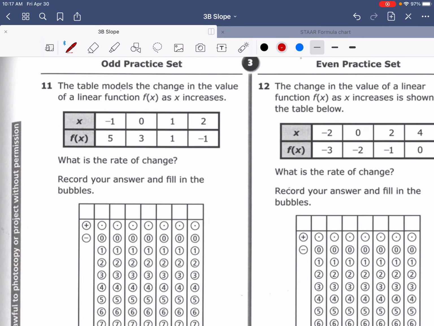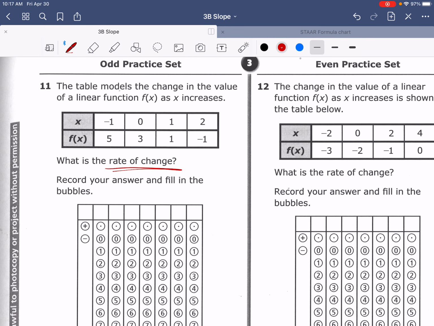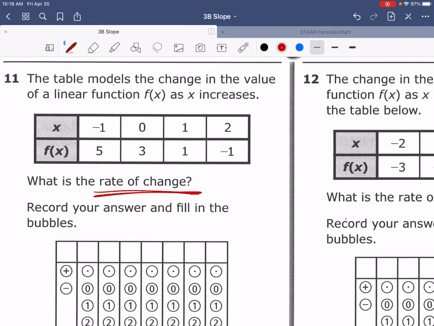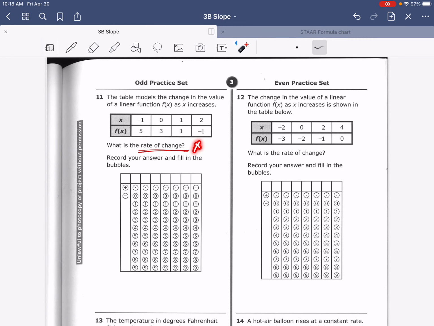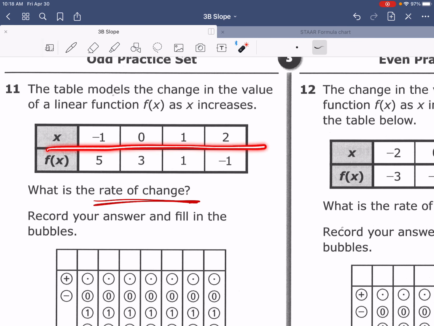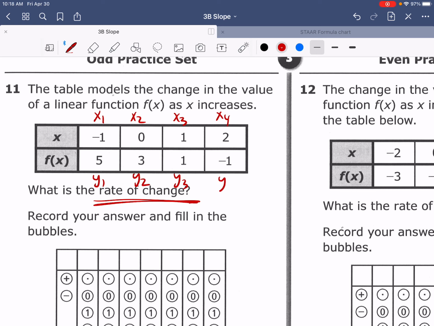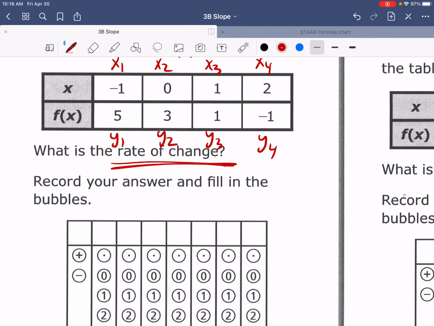Alright, what if you have a table? It says find the rate of change again, right? So what you have to do is simple. Now, usually you go x, y, right? Just be careful. This whole thing is x. So you write x1, x2, x3, x4, or stuff like that, y1, y2, y3, y4, whichever you want.